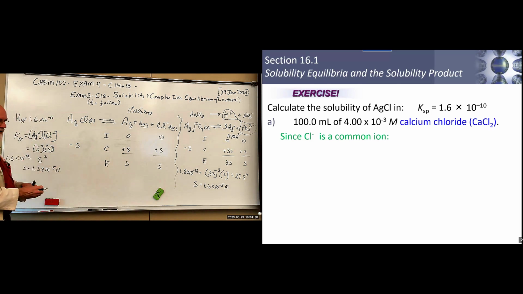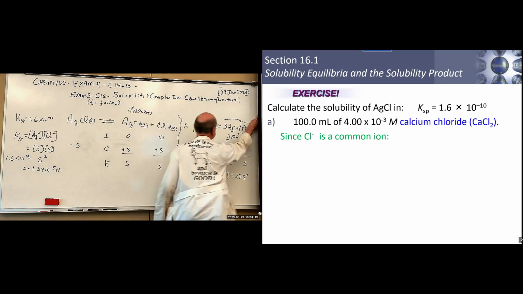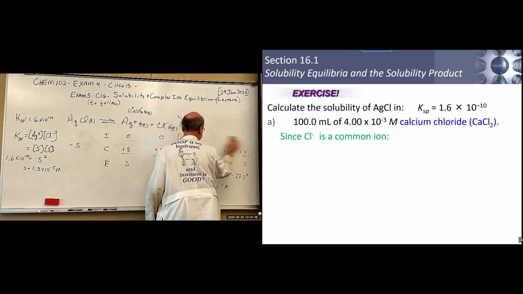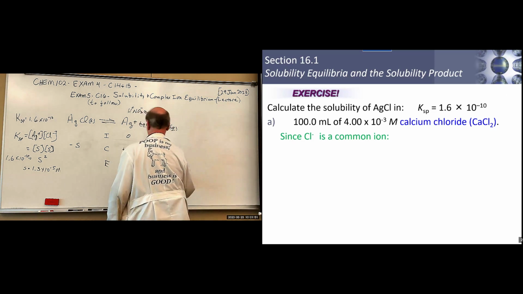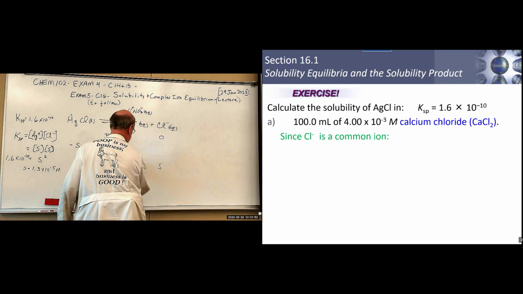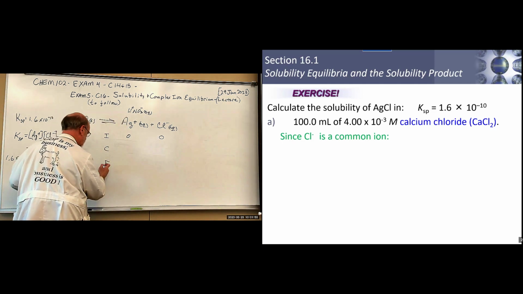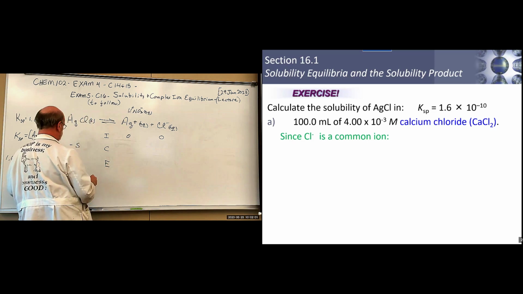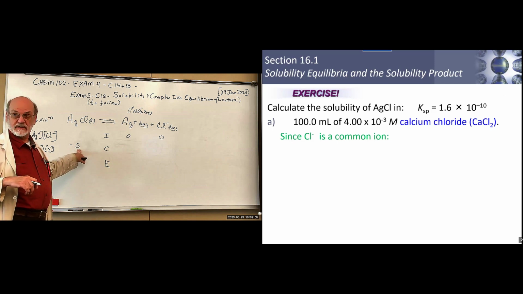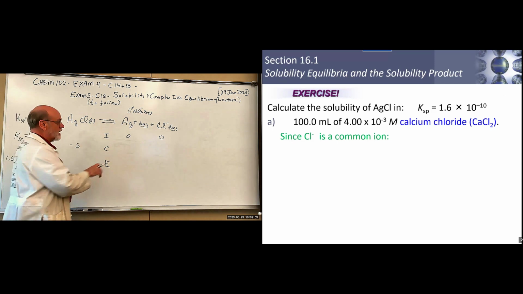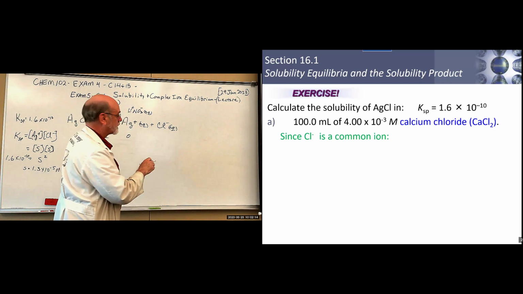That's why I left that up there, so we can compare it to the next calculation. Okay. We still have an expression for solubility as S. And so some of this is going to go, but we've changed this value. That value is now 4 times 10 to the minus 3.